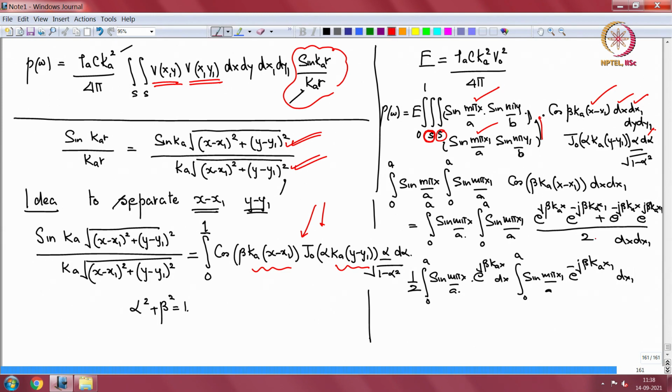So that is this part, and similarly this multiplied by this part, and they are the same. So you will get a doubling.